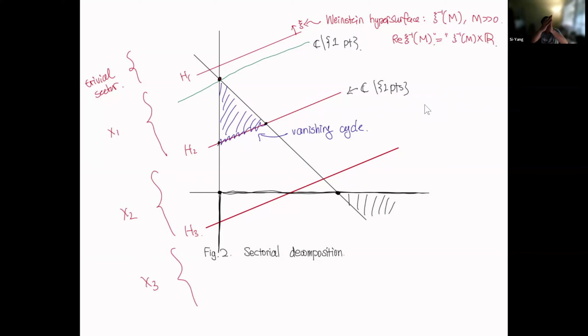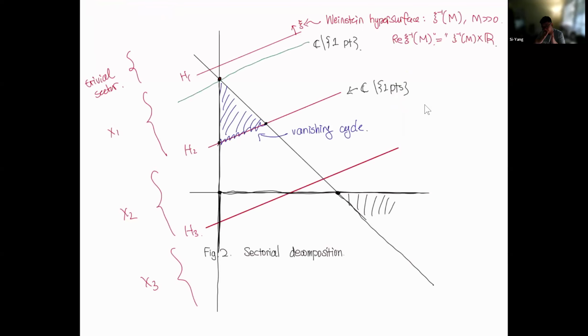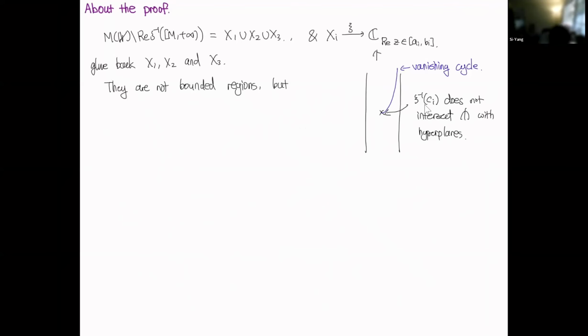And similarly for the upper one, you should get this whole triangle going to infinity. So these are very huge objects. They are not bounded chambers. They are not bounded regions. But you can see that if you draw the things this way, it looks like a direct sum of them, or a sum of them.